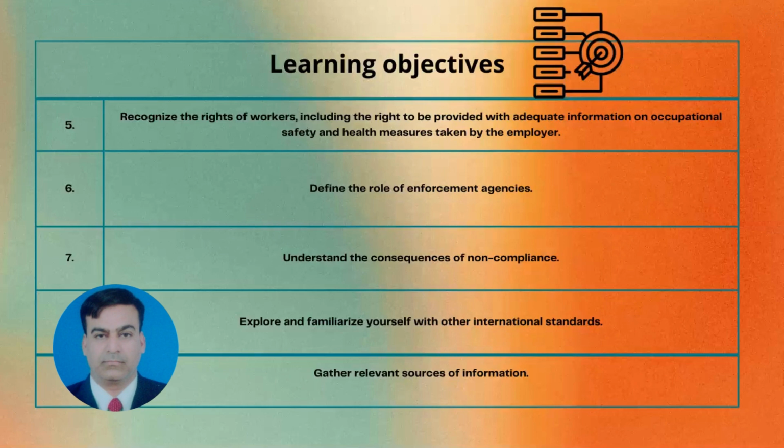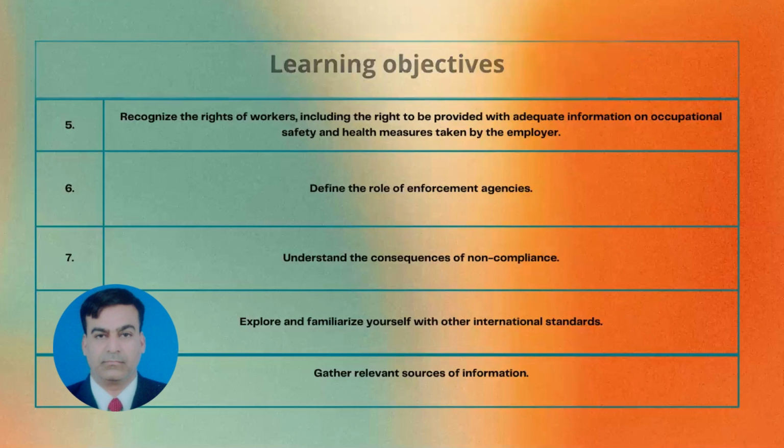We will discuss in detail in this learning objective number 8. Then comes number 9, gather relevant sources of information. I will explain from where you can gather different kinds of health and safety information, which sources you have to look after.